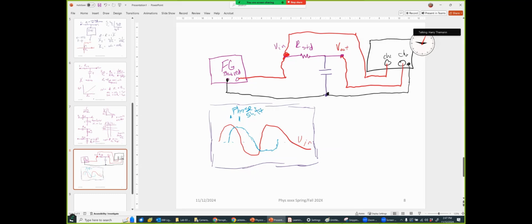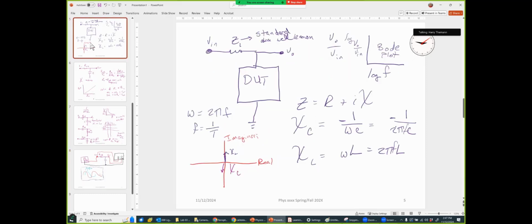And this has something to do with this complex plane.